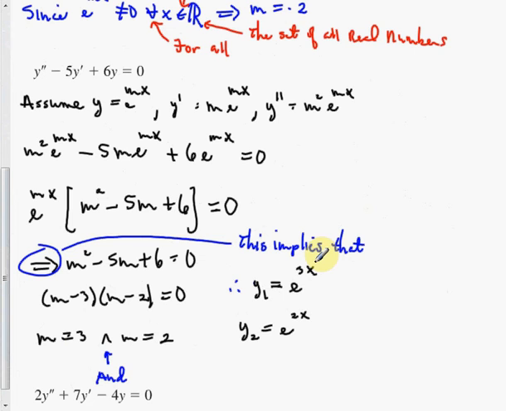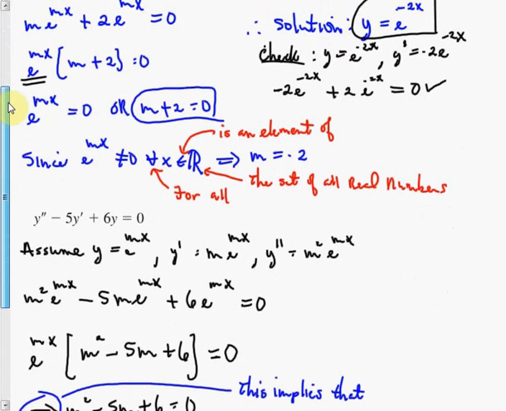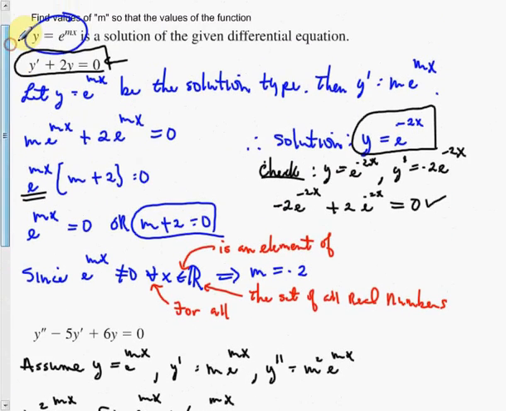Later on, we won't even make mention when you're solving a problem like these. We won't even say assume y equal to e to the mx. You will know to assume that based on how the problem is set up. It's a linear differential equation, and the coefficients are numbers. If the coefficients are numbers, then the solution is always exponential, e to the mx.